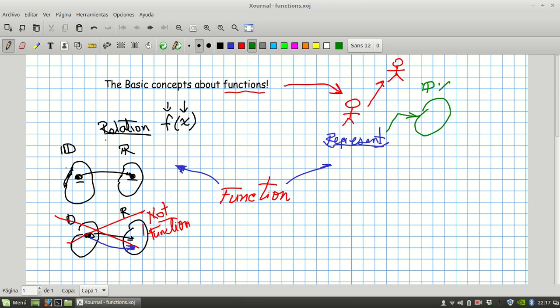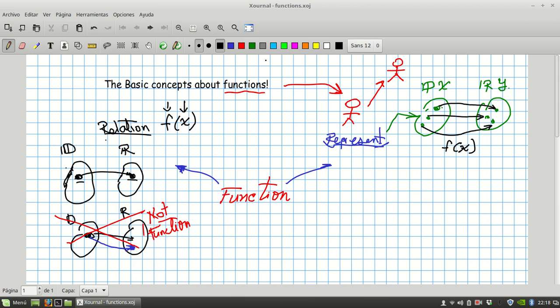You say here domain or x, here range or y, and the diagram means that you have some points in the domain and some points in the range, and we take the relationship saying, this element with this element, this with this, and this with this, and let's say that the rule is f(x). This is option number one, diagrams.